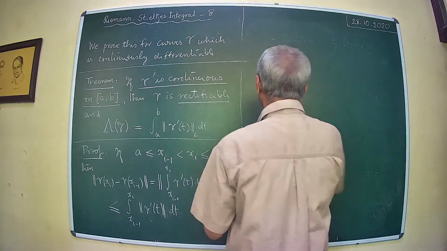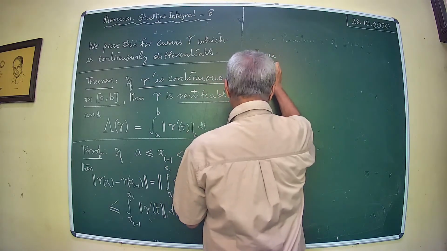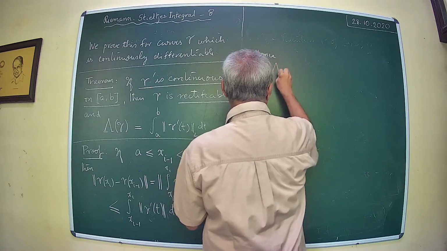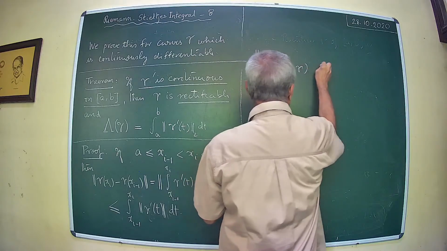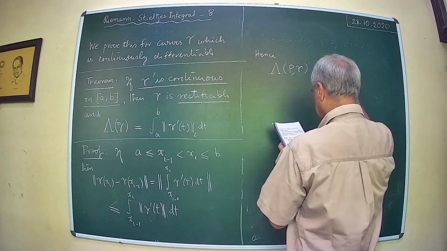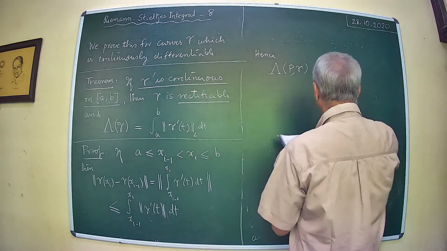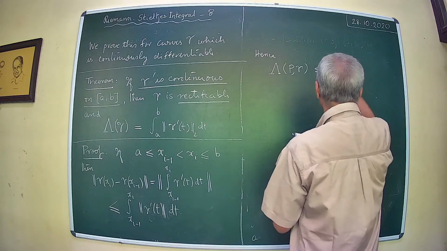So this is lambda less than or equal to the integral from a to b of the norm.